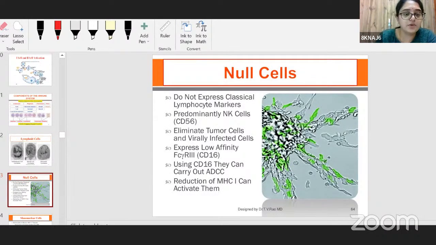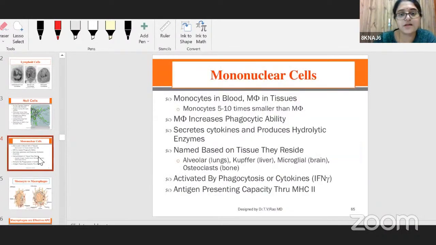So when it comes to the monocytes, that is mononuclear cells, they are known as monocytes in the bloodstream, and they are also known as macrophages in the tissues. The monocytes are actually 5 to 10 times smaller than the macrophages in the tissues. They get differentiated into either macrophages or dendritic cells.